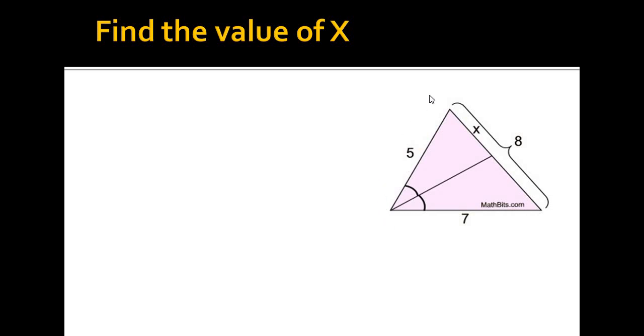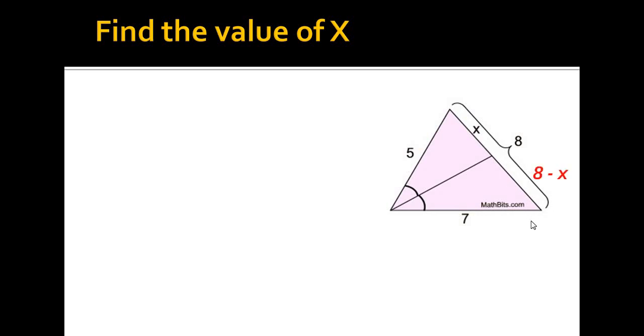Of course, this side, which is 5 over x, equals 7 over, yes, this line segment or this side is missing. I don't have the length of this side, but I have the whole side equals 8, and this part equals x. So who can guess how can I find the length of this side? Excellent. It's 8 minus x.